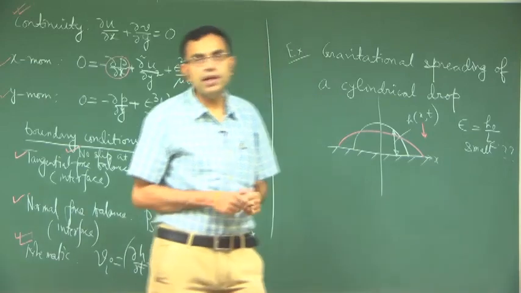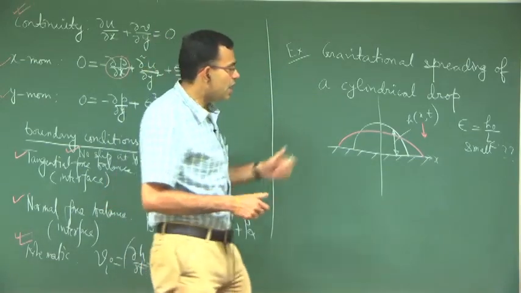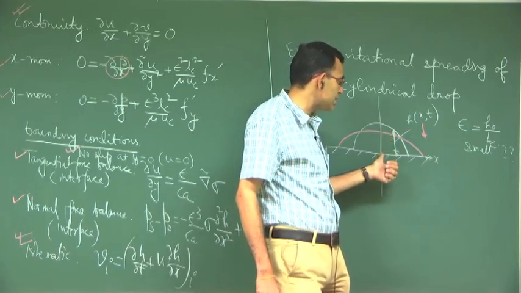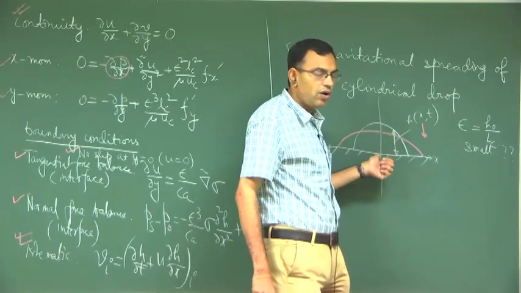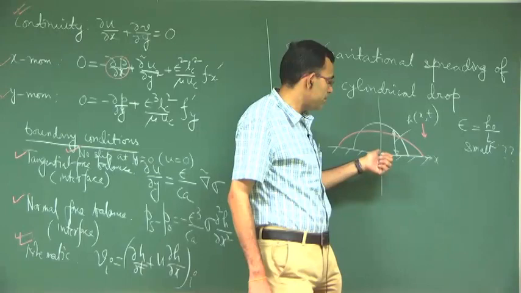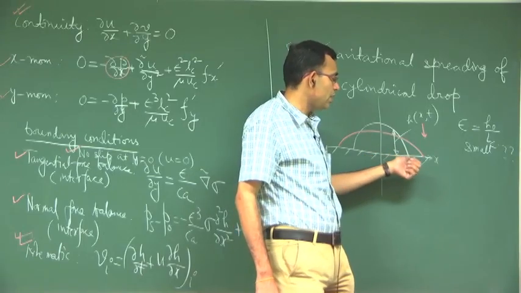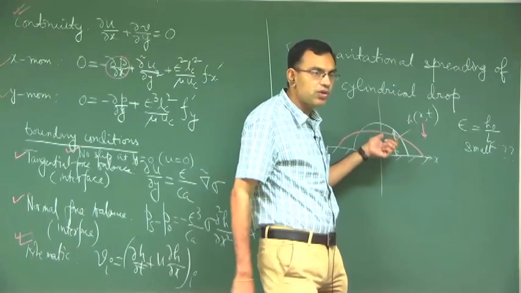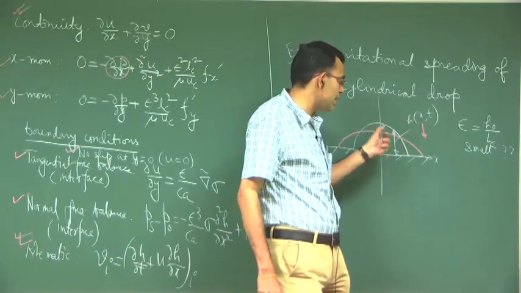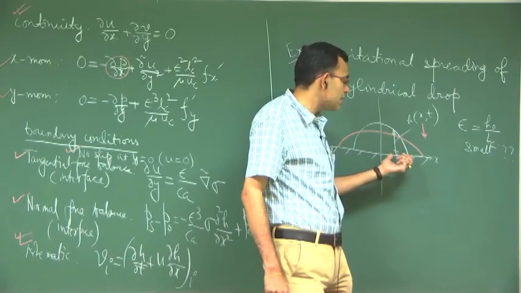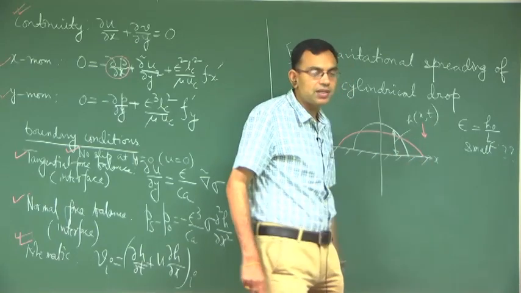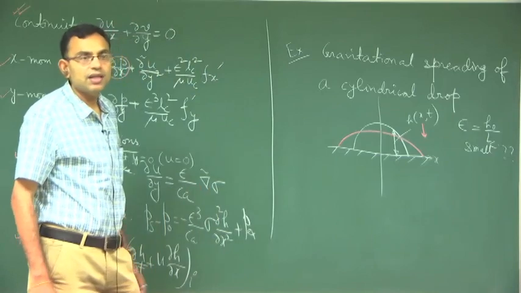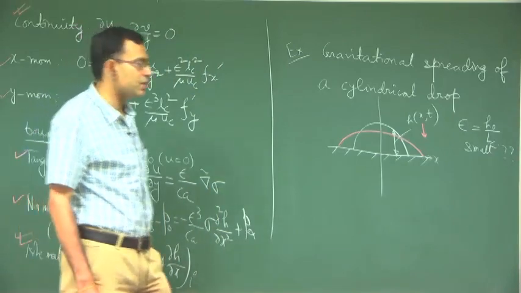Again I am repeating, at the early stages you cannot use the thin film, because the height of the droplet is significant as compared to its footprint. Only towards the end of the spreading, when its thickness becomes negligible as compared to its footprint on the surface, can you say that yes, thin film can be applied. So, end stage.